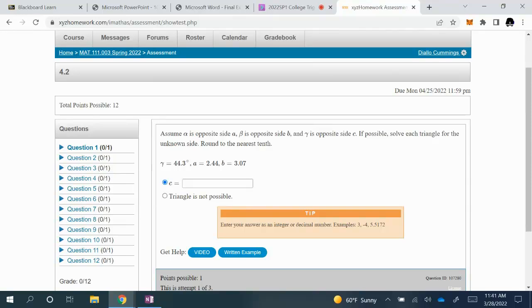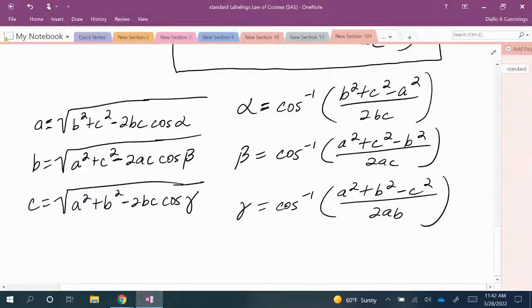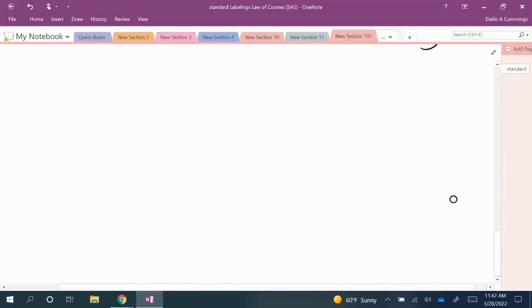All right, so we're given that angle gamma is 43. We're given that side length A is 2.44. And we're also given that B is 3.07. All right, so I'm going to sketch this out. All right, so this is 4.2 number 1.